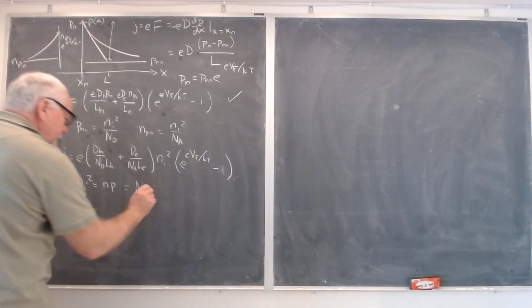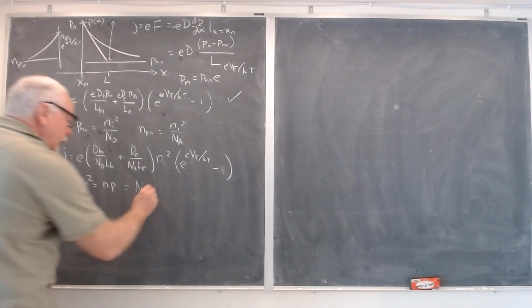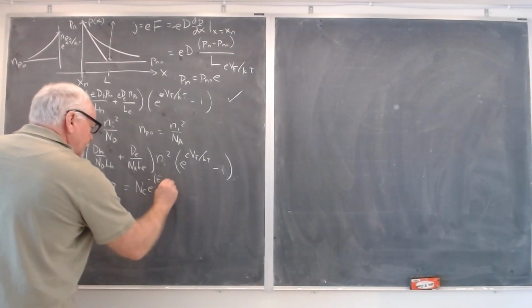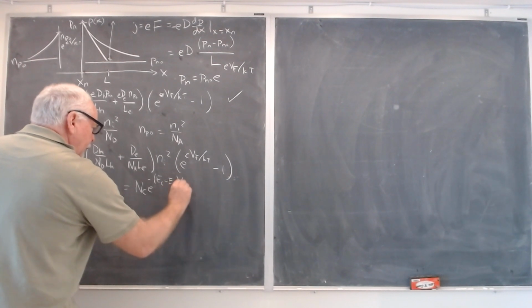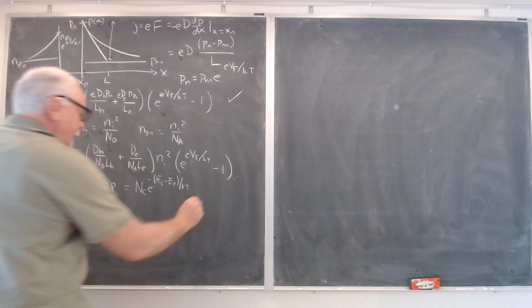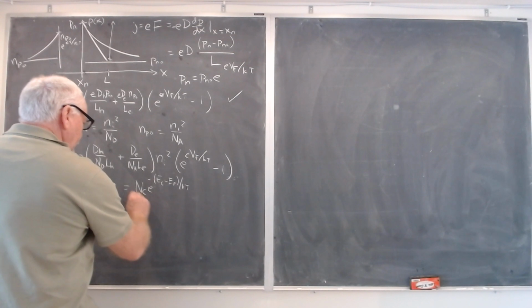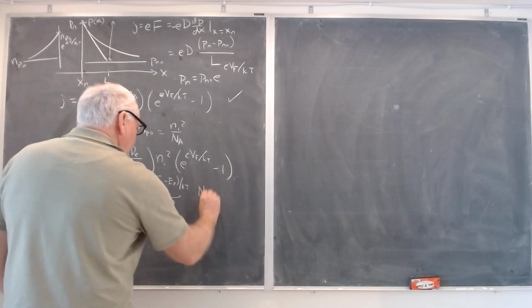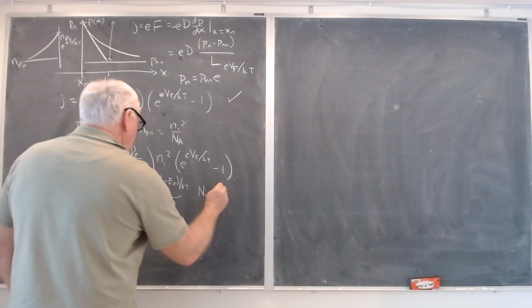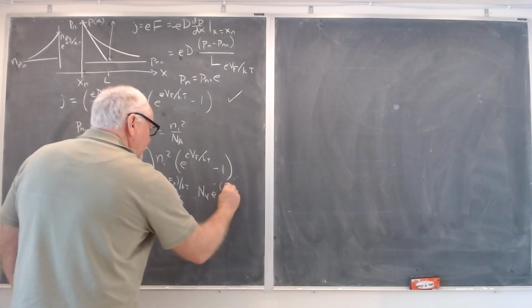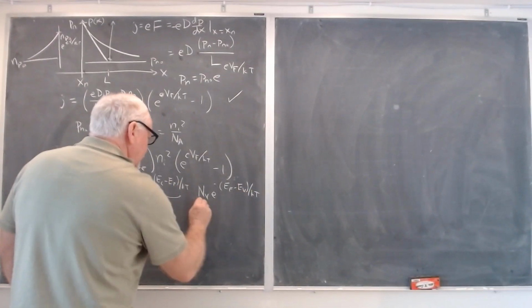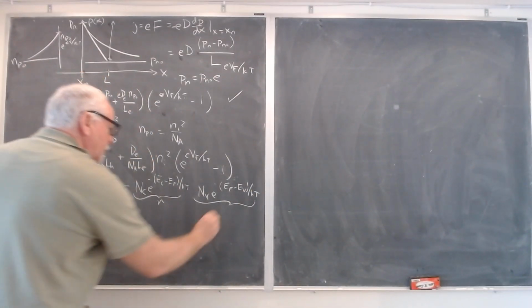N is Nc times e to the (EC minus EF) over KT. That's N. And P is Nv e to the negative (EF minus EV) over KT, our best friends in the world, N and P.